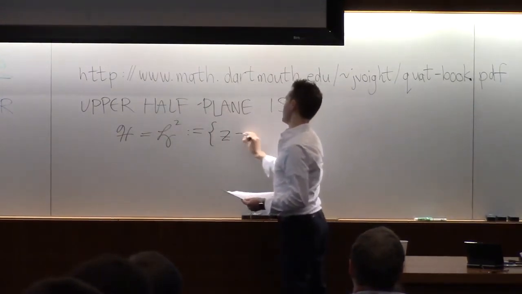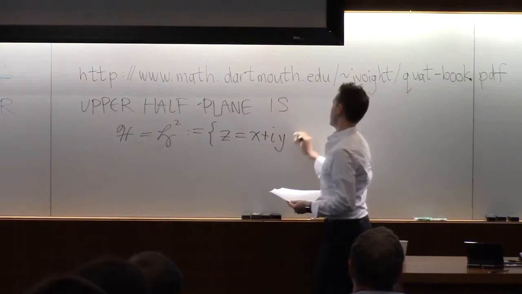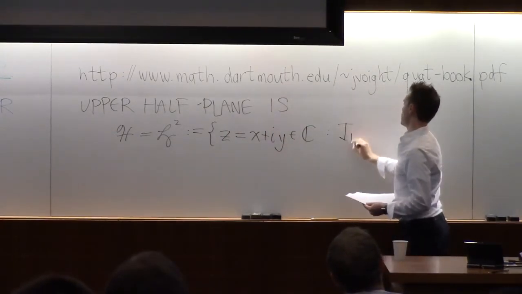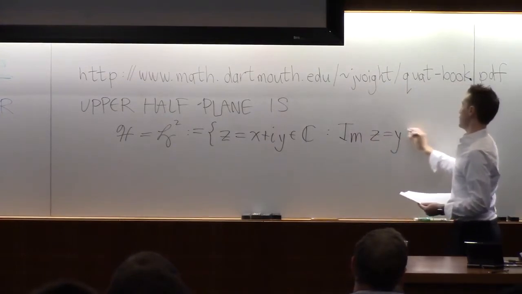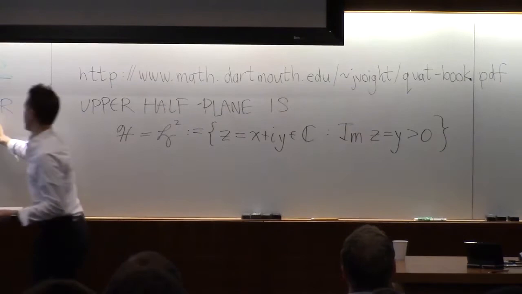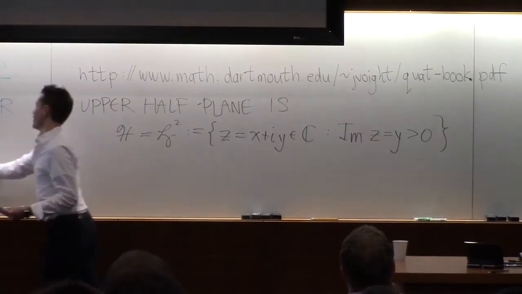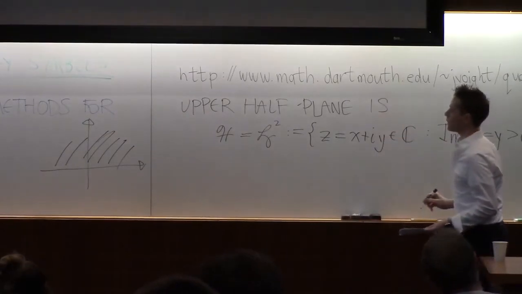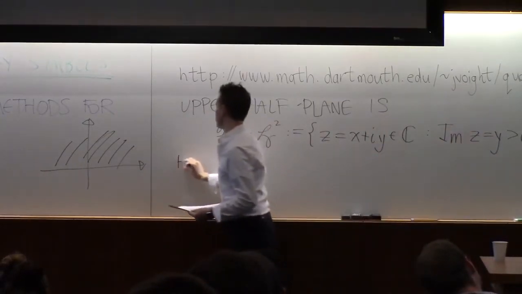These are the points z equals x plus iy in the complex numbers, where the imaginary part of z, which is y, is greater than 0. I'll put a picture of the upper half plane up here. It's this part.